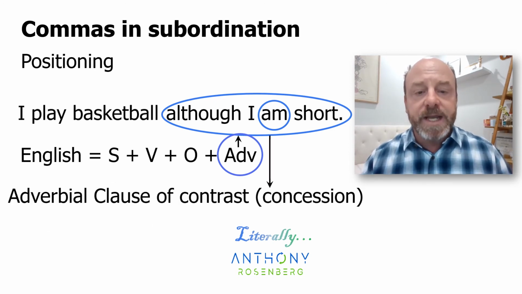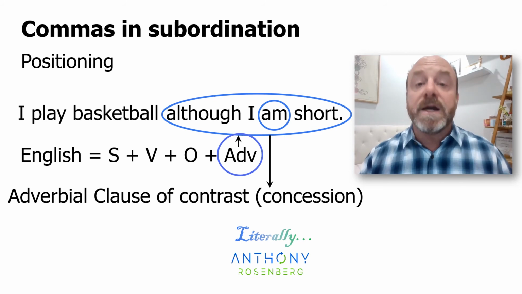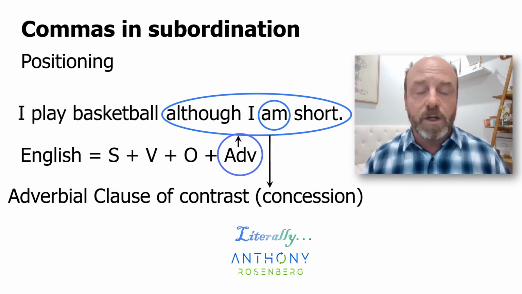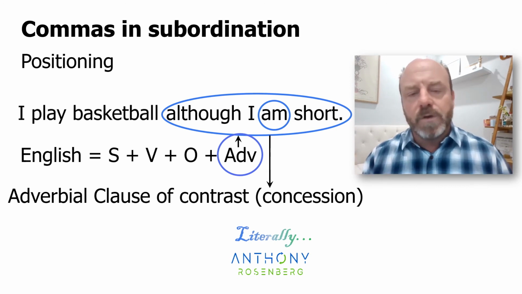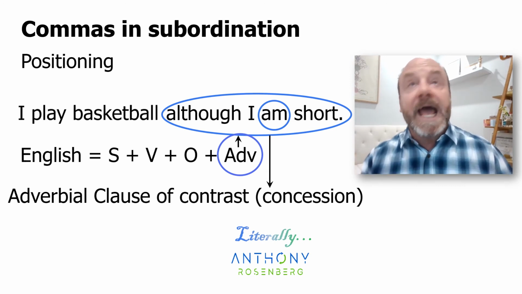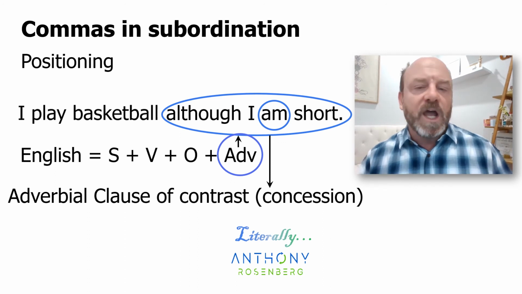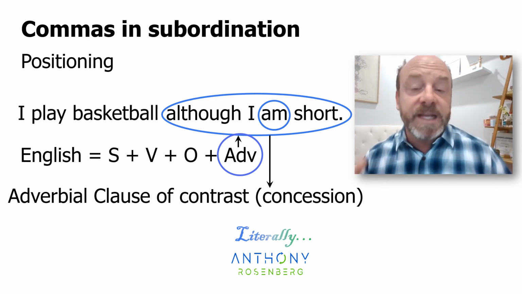So subordination, all adverbial clauses are subordinates or subordinating clauses. And this particular one shows a contrast, or some grammar places will call it a clause of concession. If you like the more sophisticated Latin words, fine. I like contrast because it's nice and short and easy to say.